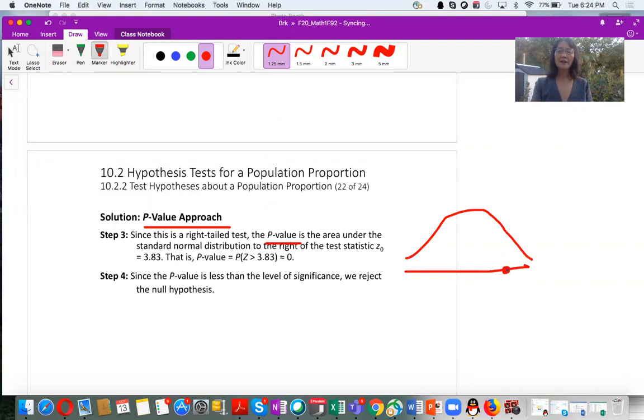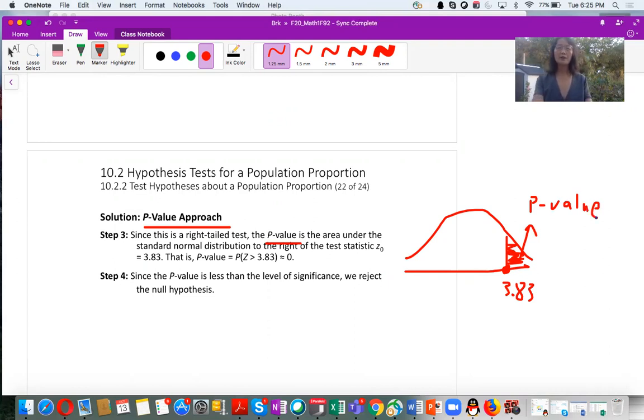If you have a test statistic of 3.83, this is the z-value. When you have a z-value, what is the area to the right of this z-value? This area represents the p-value. And you can find this p-value in the normal distribution table.